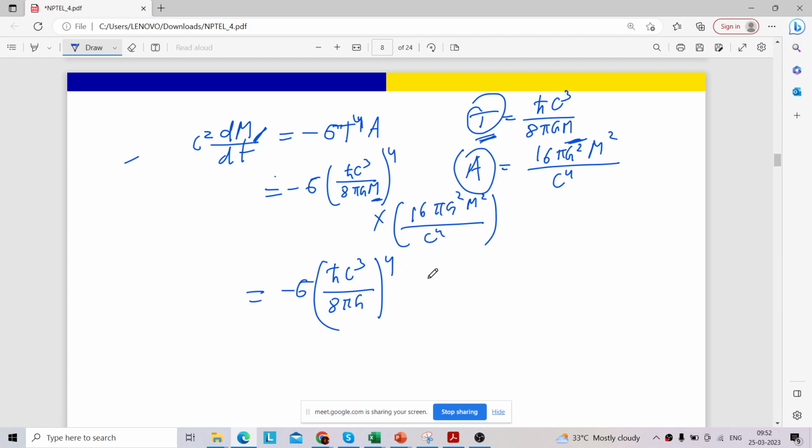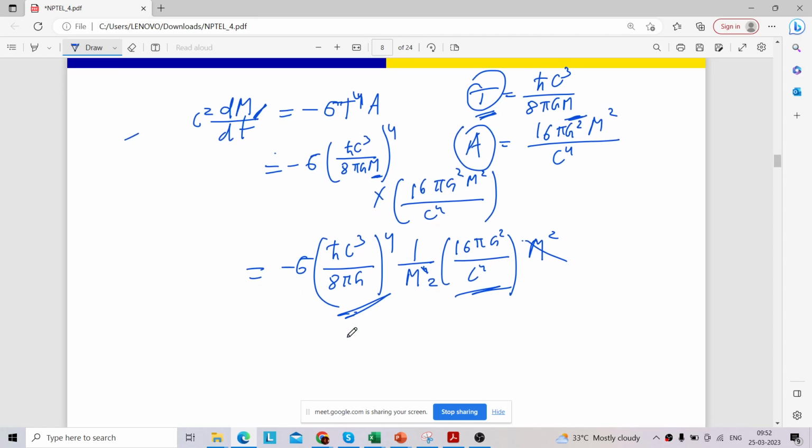I am taking out mass to the power 4, so it will be m to the power 4, and from here we have 16 pi G squared over c to the power 4. So all these are constant except the mass term. Here we have mass squared and mass to the 4 here, so I will have mass squared in the denominator.